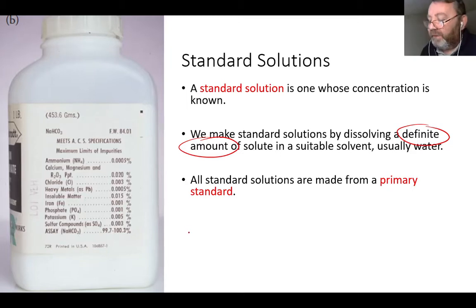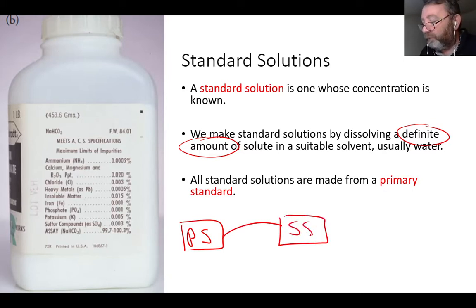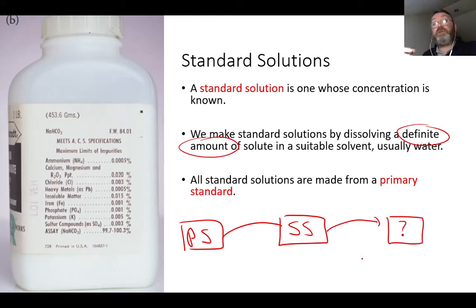So think of it that way. A primary standard, which is a solid, is used in order to make a standard solution. And then the standard solution is used in order to work out what the concentration of non-standardized solutions are going to be. So that's why you always start off with something pure, stable, and soluble.